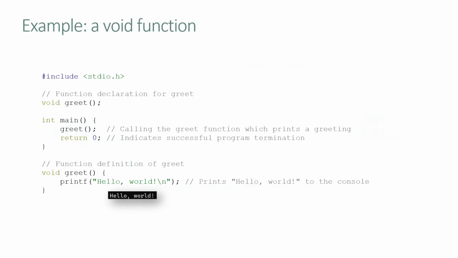Let's talk about void functions in C programming in a more chill way. Think of a void function like a helper who does a job but doesn't need to report back to you. In C, when you create a function that doesn't need to give anything back after it's done, you call it a void function. It's like saying, hey, go do this thing, but you don't need anything in return.